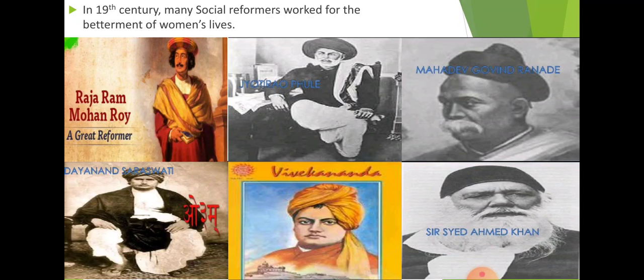They also worked for widow remarriage. In earlier times, child marriage was common, so if the husband died, the woman had to live a widow's life. A widow's life was a lonely life, without any color in it. That gives a bad impression and negativity.